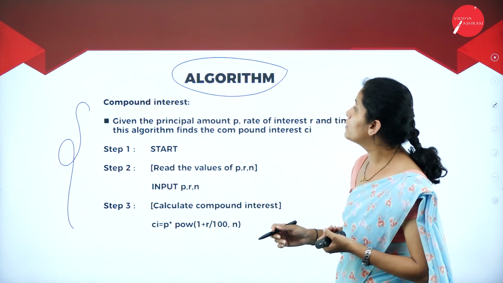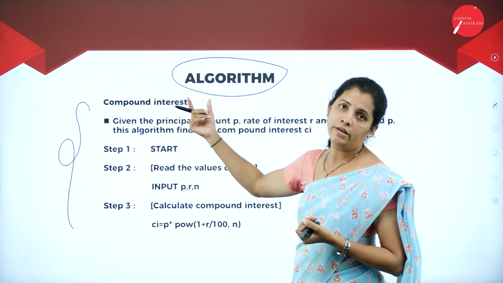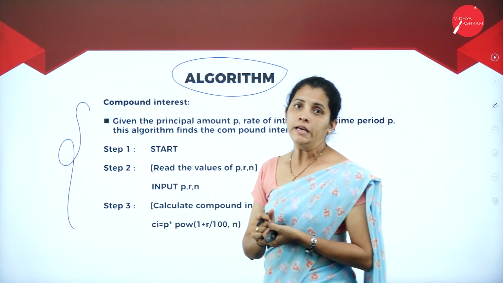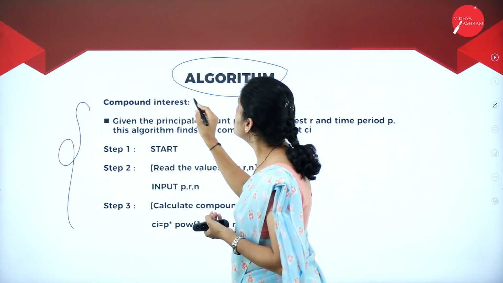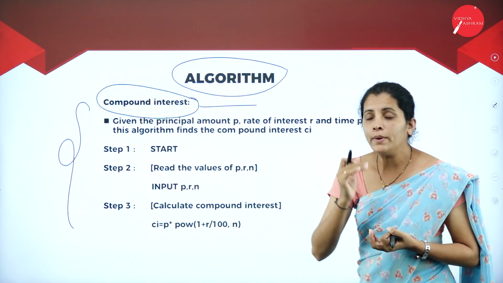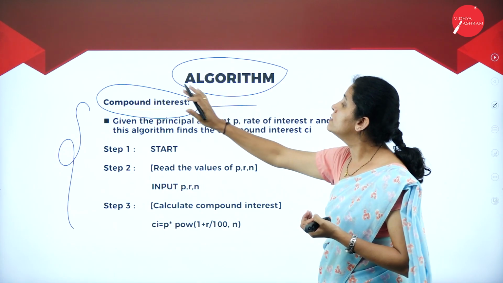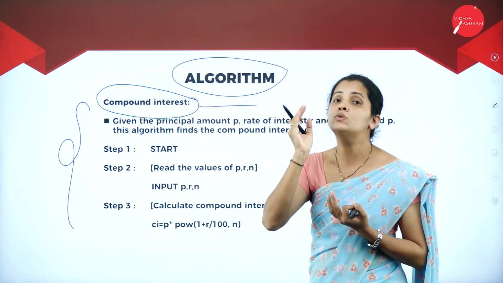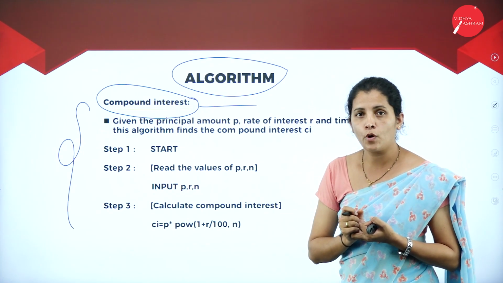At the beginning I'm going to have compound interest. That means how to calculate compound interest. So this is our real life problem. That means frequently we are going to face this kind of problem. Now I want to write the solution for this problem.